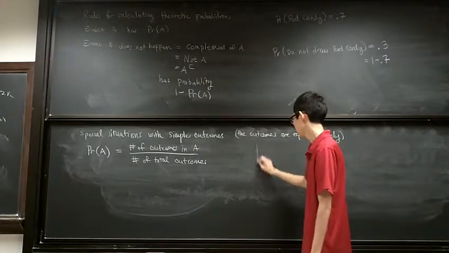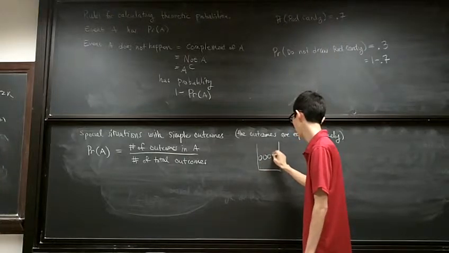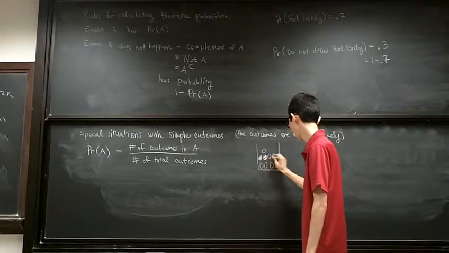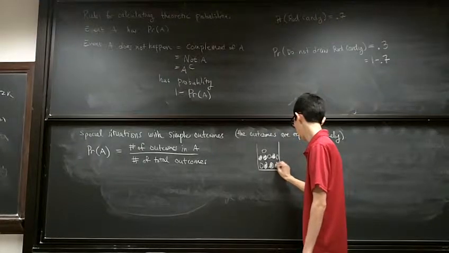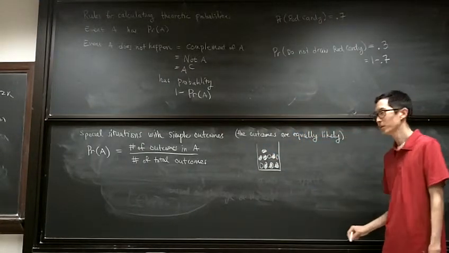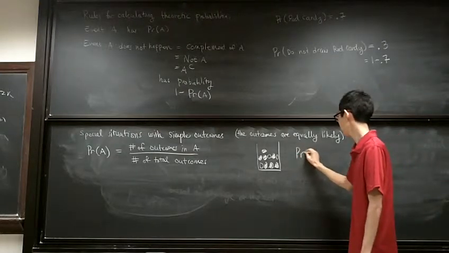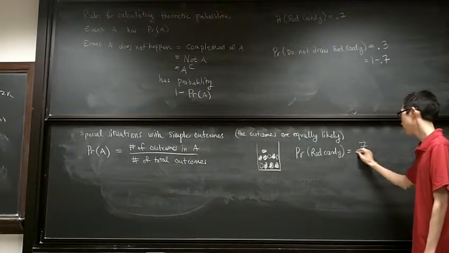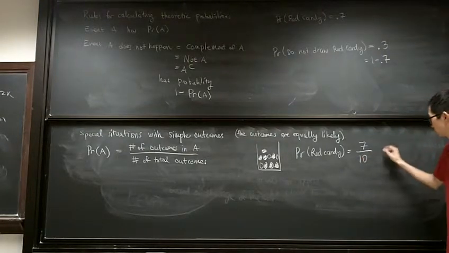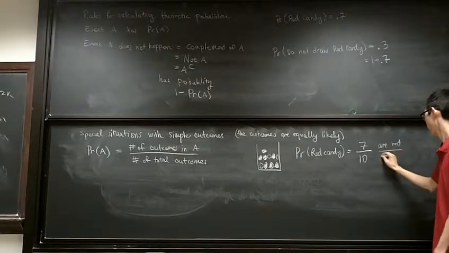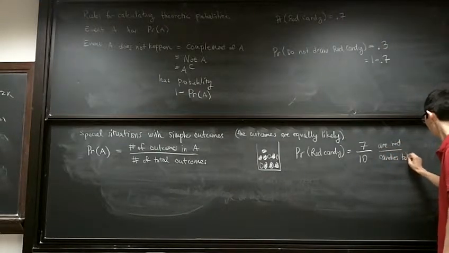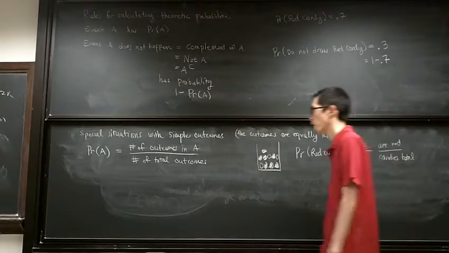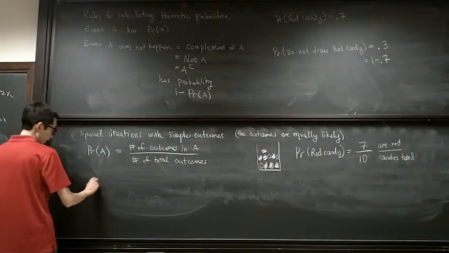One example was my bowl of candy. I said 7 of them are red, so the probability of a red candy was 7 are red divided by 10 candies total. What about rolling a die?